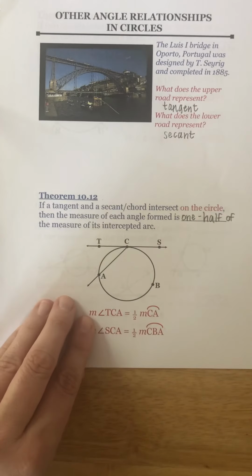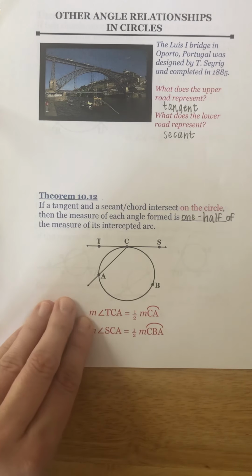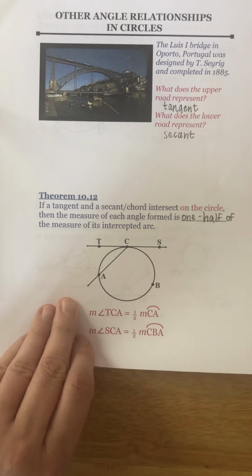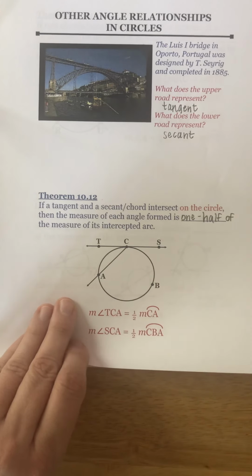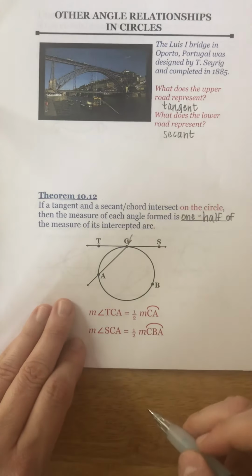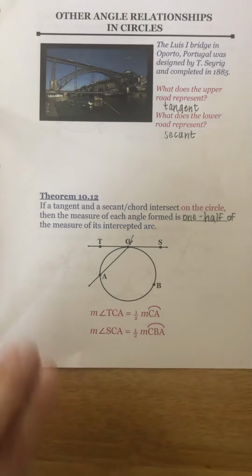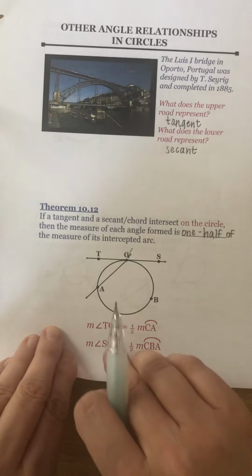So if the vertex is on the circle, it's going to be equal to half of the intercepted arc. And here's what it means by on the circle. There's the vertex. So that vertex, point C, for both of those angles is directly on the circle.